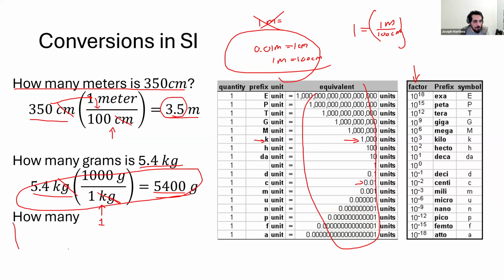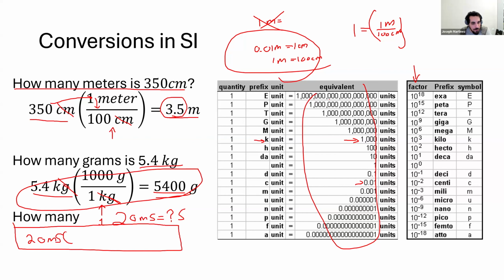Now I meant to add in a third one here, a third piece that asks something of the form of 20 milliseconds equals how many seconds. How would you do that? You take that 20 milliseconds and you convert from milli to the base unit of seconds.